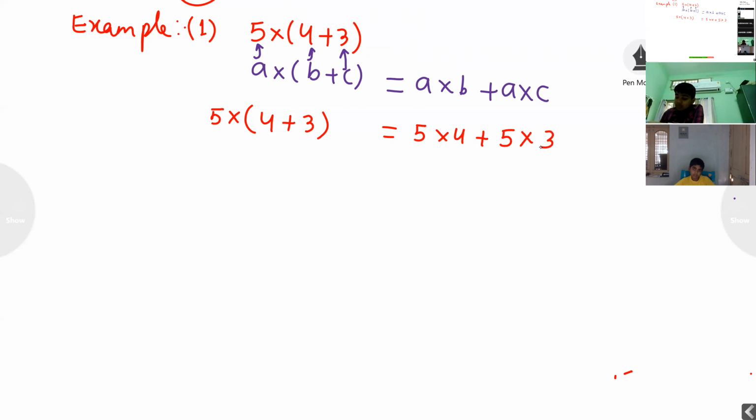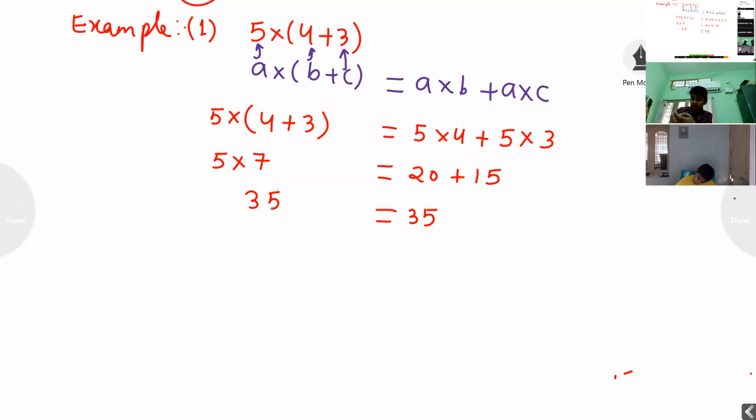Now 5 into 4 plus 3, 7 5s are 35, is equal to 5 4s are 20 plus 5 3s are 15, 35. Now LHS is equal to RHS. Then I can say yes, we can apply distributive property here. 5 into 4 plus 3 is equal to 5 into 4 plus 5 into 3.